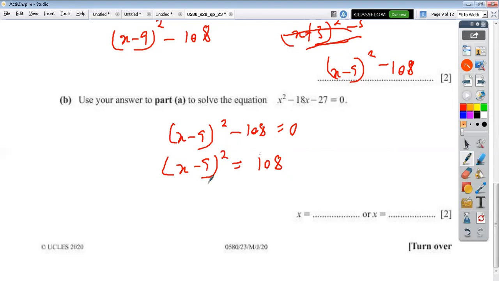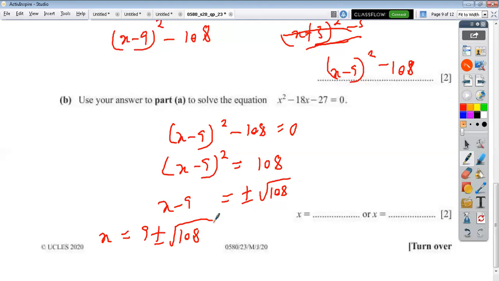Take square roots of both sides. This will be x minus 9 is equal to plus or minus the square root of 108. Then take the 9 to the other side. So x is equal to 9 plus or minus the square root of 108. Makes sense? Clear?